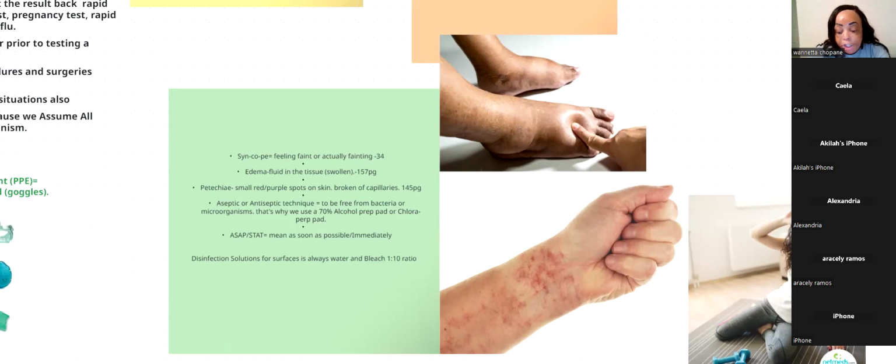Phlebotomy technicians should be aware that some patients may develop a rash-like condition known as petechiae. After a tourniquet is applied, these small flat red or purple dots are created by the leaking of blood from capillaries. Petechiae may be associated with a number of different health conditions.